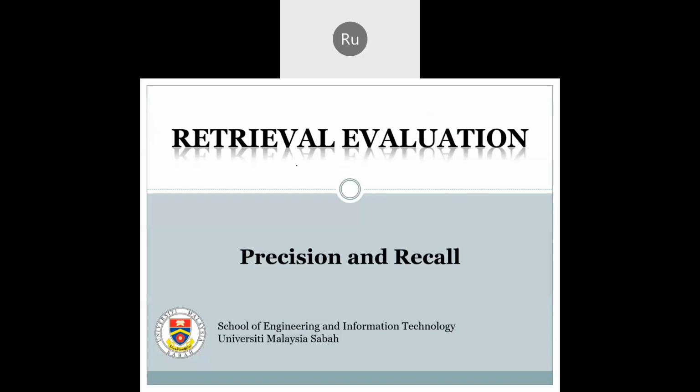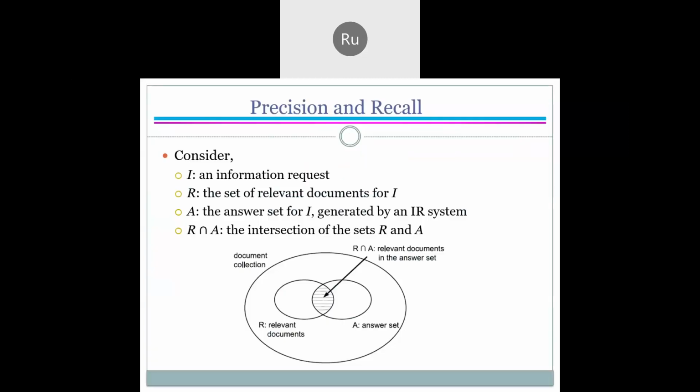So let's take a look at this one. Consider we have the query or information required, and we also have the set of relevant documents with respect to the query, and the answer returned for the query that we posted, generated by the IR system. When we take the intersection of the relevant documents and the answer given to you, these are the areas that we are looking at.